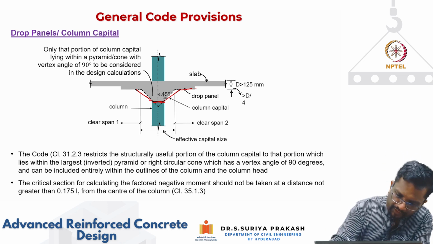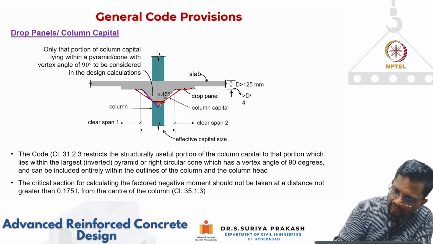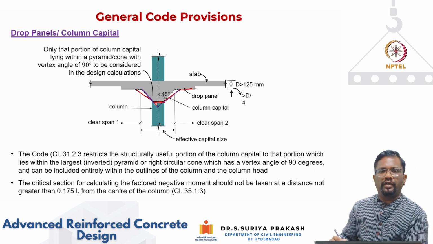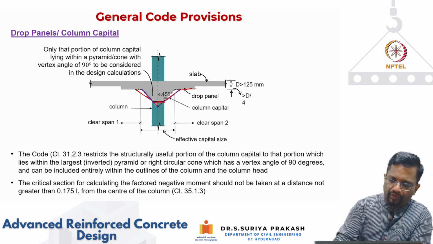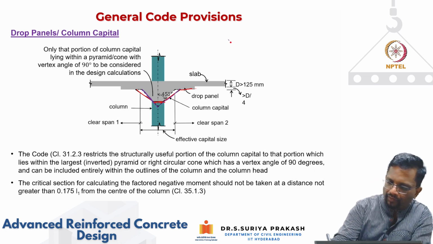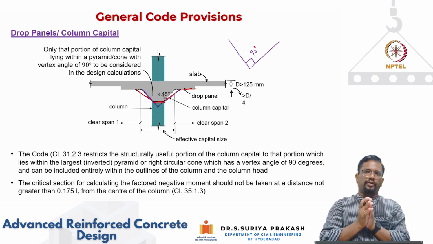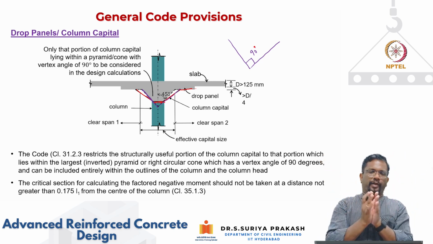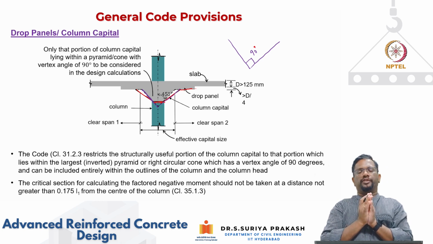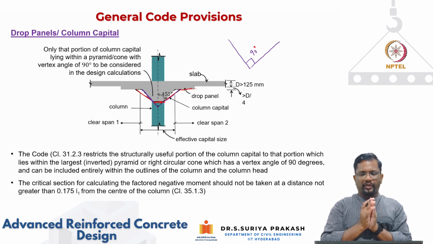From this edge, I draw a line like this, and similarly at this edge, I draw a line like this. We call this a right circular cone because it has to maintain this 90 degrees. So whatever maximum right circular cone I can embed within that capital, that is the useful dimension I can take.